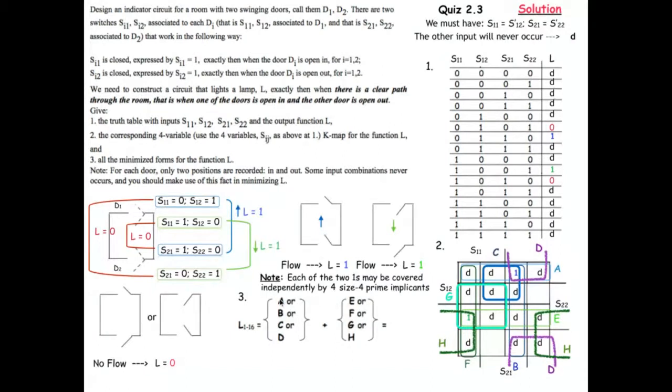So we have independently 4 implicants covering the first and independently 4 implicants covering the second, right? They're all different. So how many minimal forms will this function have? 16. That's right. Yeah, 16 minimal forms.